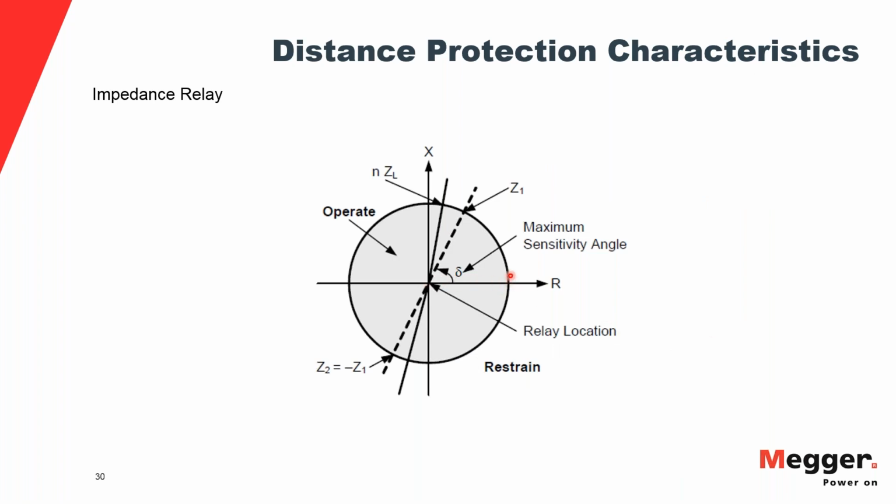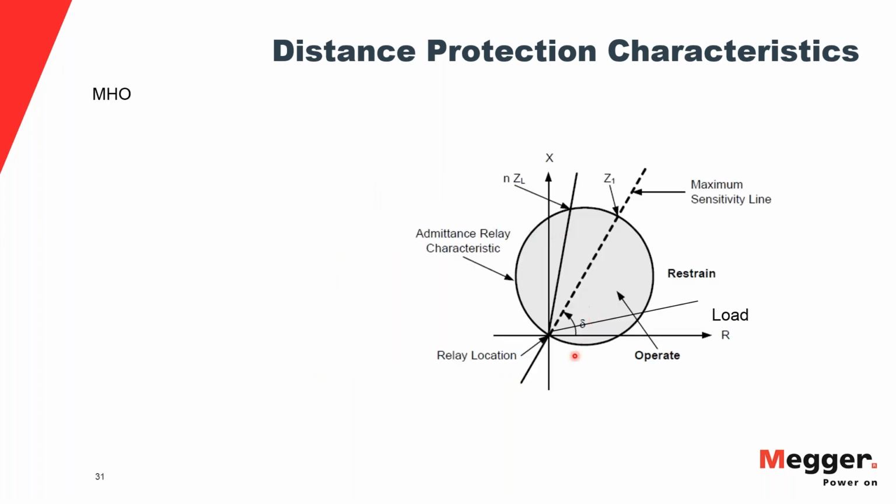See that on the impedance relay you have a uniform reach, but in the case of the Mho, we do not have a uniform reach, and then you can modify this by modifying the MTA.